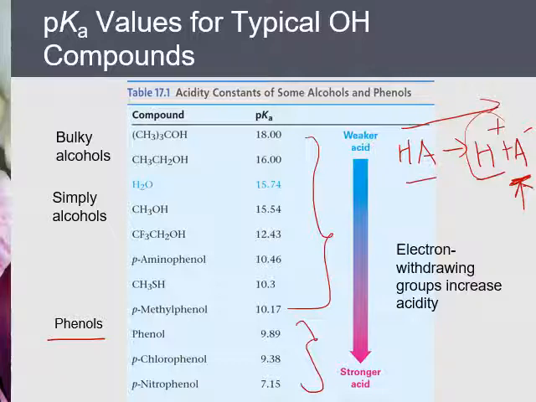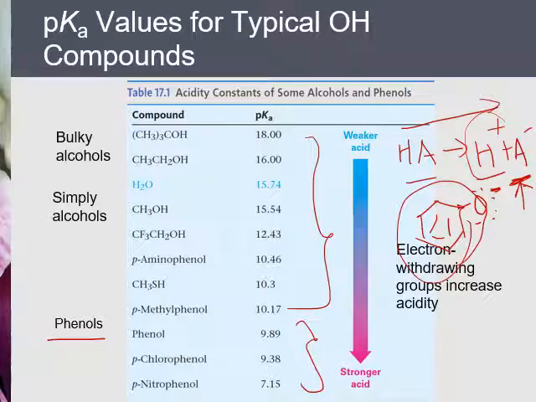Phenol, when it deprotonates, forms phenoxide, and this benzene ring can delocalize the negative charge by resonance, stabilizing the anion. That's why phenol is a stronger acid than typical alcohols.